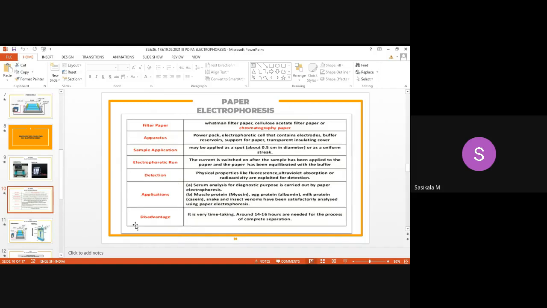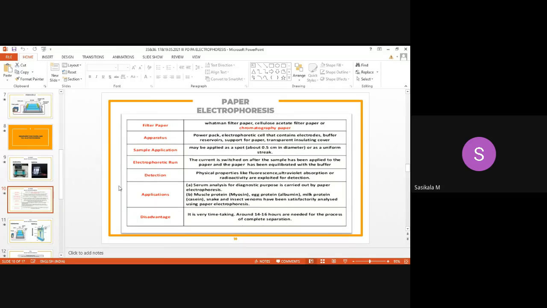But it has the disadvantage that it is very time taking: around 14 to 16 hours for complete separation, whereas normal paper chromatography separation can be completed within a maximum of 20 minutes. For paper electrophoresis it takes hours for separation.